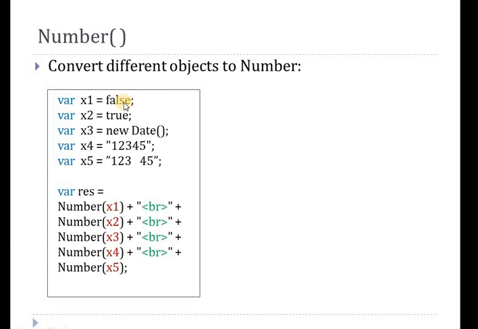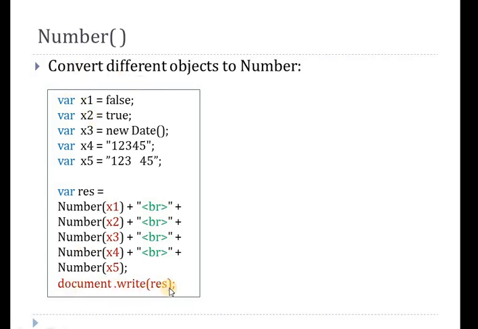It is false, which is a boolean. This function will convert this false into a number. So what is the number value which represents false? It is 0. And what is the number value for true as a boolean? That is 1, like that.